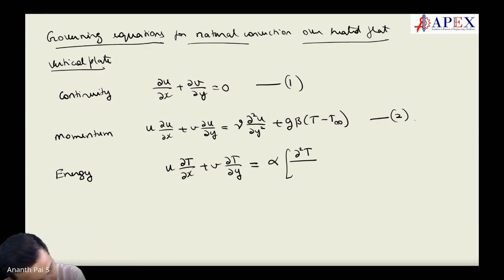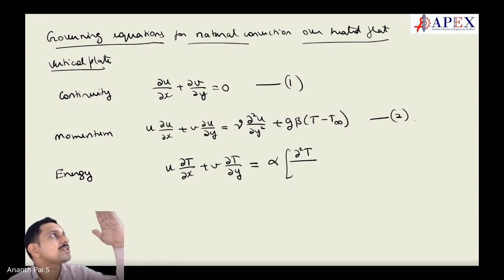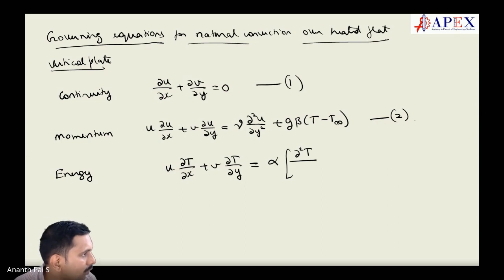The heat transfer is only along y, because you are keeping the whole thing at the same constant temperature. So heat transfer is only along the y direction. So we get dou square T by dou y square. Done. This is 3.